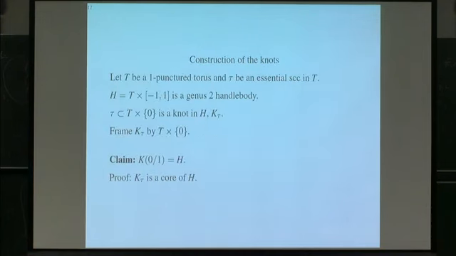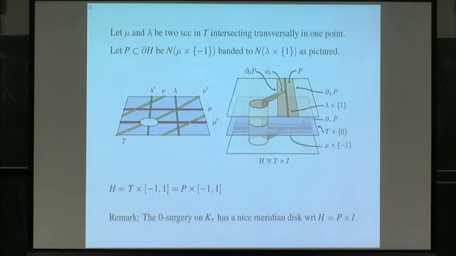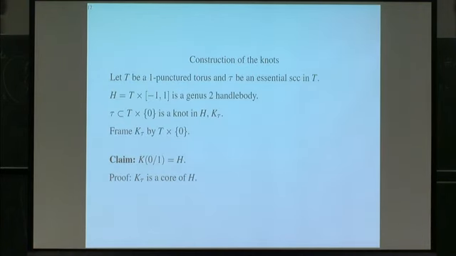Okay, so let me talk about the construction of these knots. Let T be a once punctured torus and tau be an essential simple closed curve in this torus. Then I want to look at the genus 2 handlebody I get by taking that once punctured torus cross I. Then tau, this simple closed curve in T, becomes a knot in this handlebody, T cross I, which we denote by k sub tau.